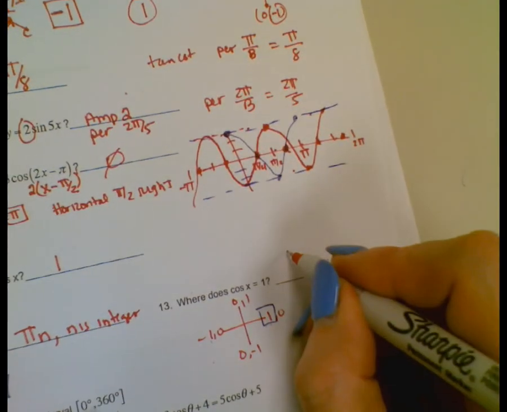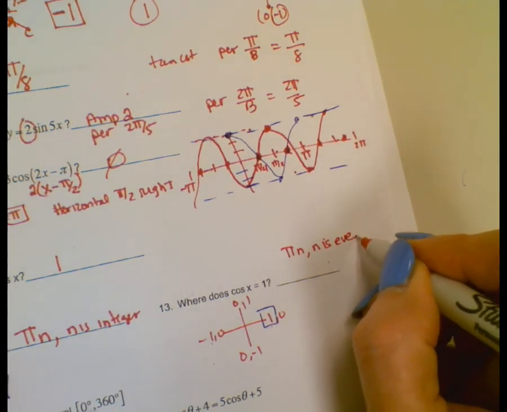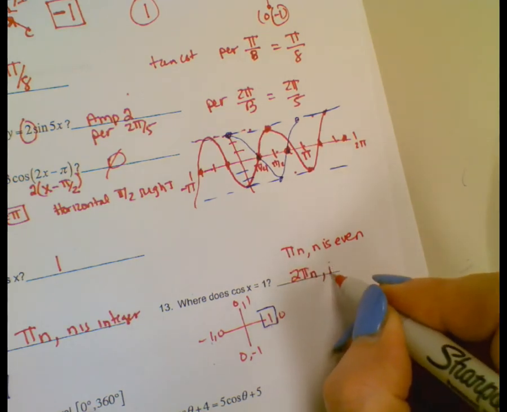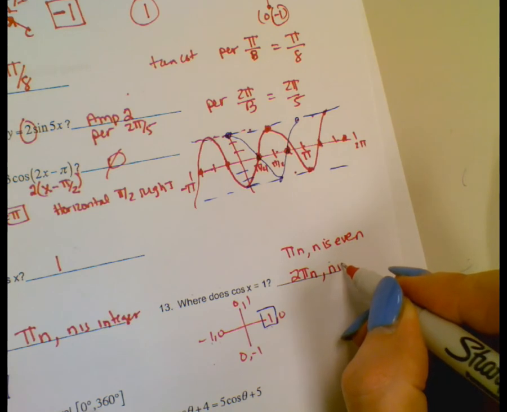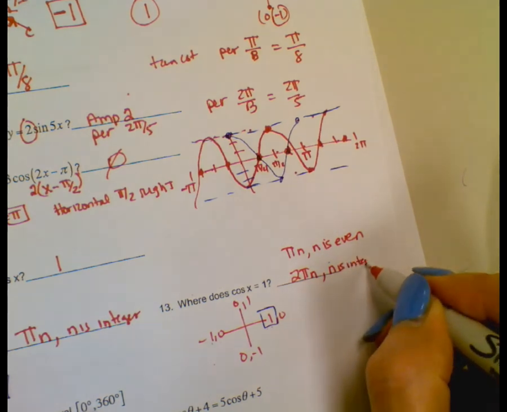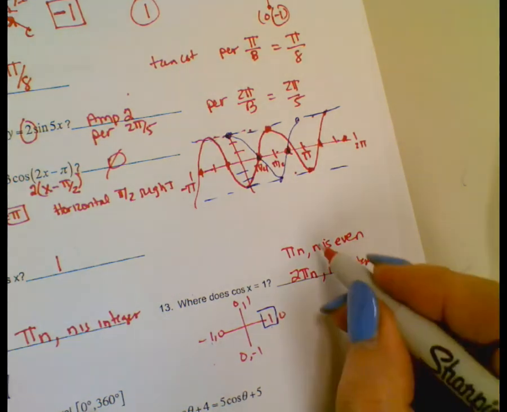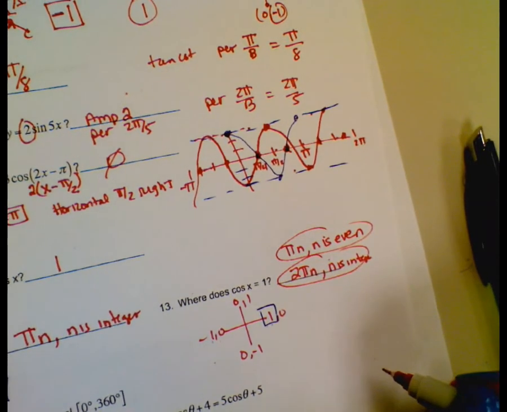You could say at pi n, where n is even. You could say at 2 pi n, where n is an integer. So that would be 2 pi, 4 pi, 6 pi. So you could do either one. I accept either one of those.